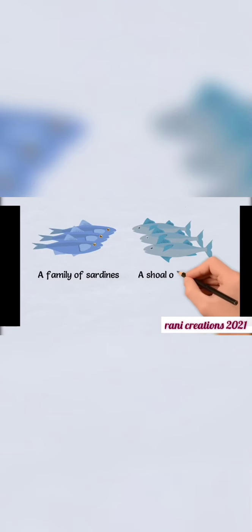A shoal of mackerel. A school of cod. A fleet of bass. A float of tuna.